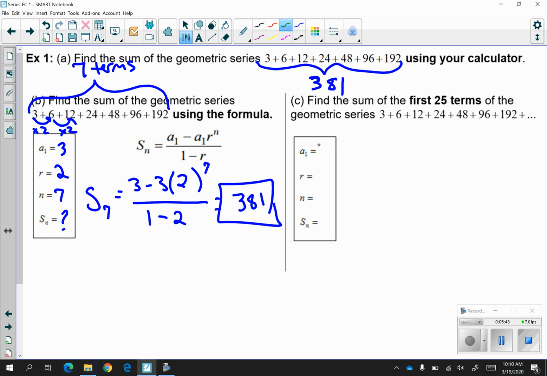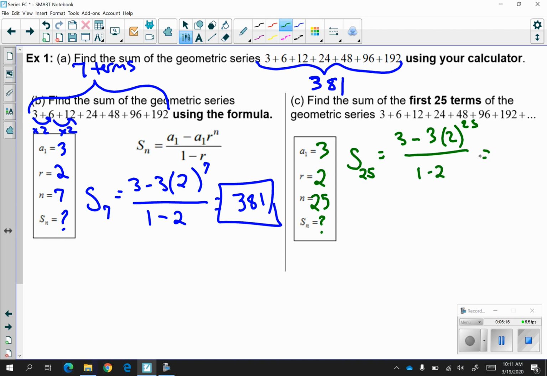Our first term is 3. Our common ratio is 2. This time we're finding the sum of the first 25 terms, and that's what we don't know. So the sum of the first 25 terms is equal to 3 times 1 minus 2 to the 25th power over 1 minus 2.